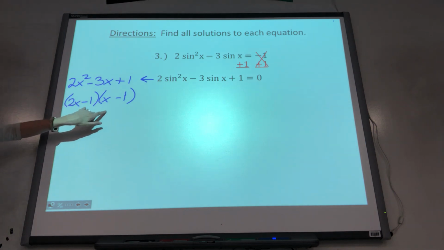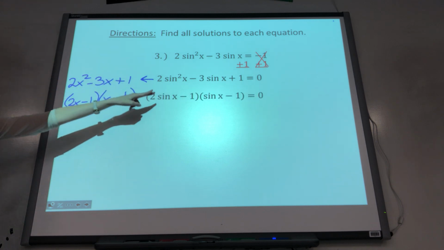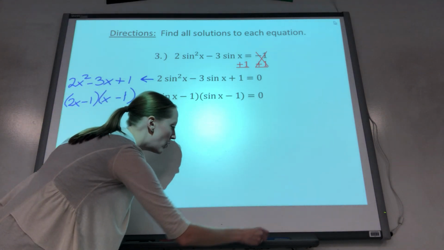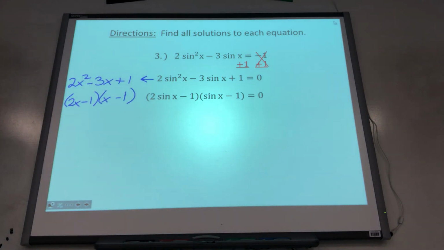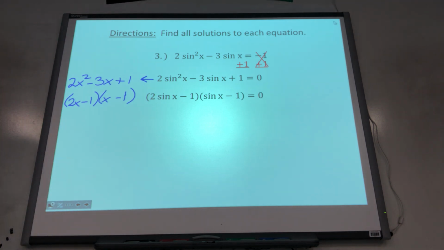So that's good, but in our problem, we want to change the x's back to sine of x's. So it says 2 sine of x minus 1 times another sine of x minus 1 equals 0.